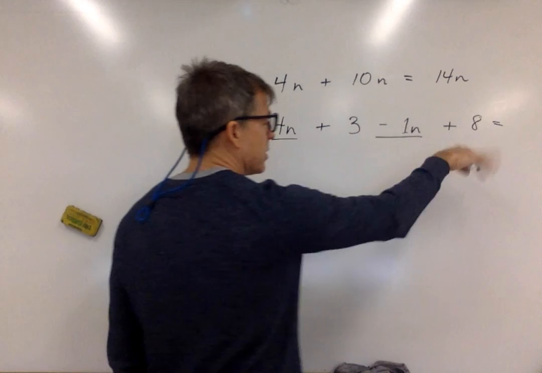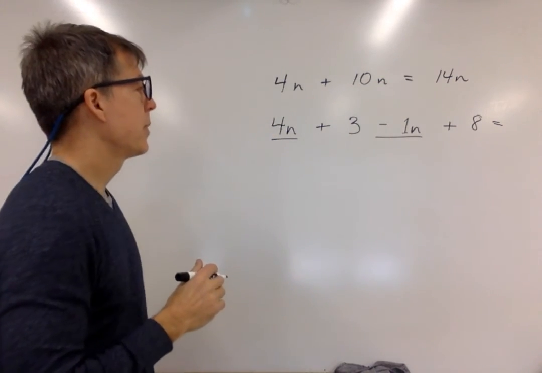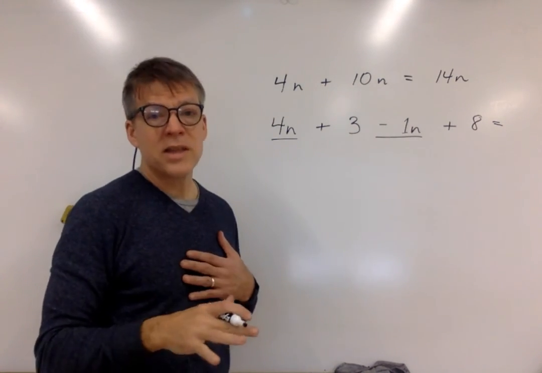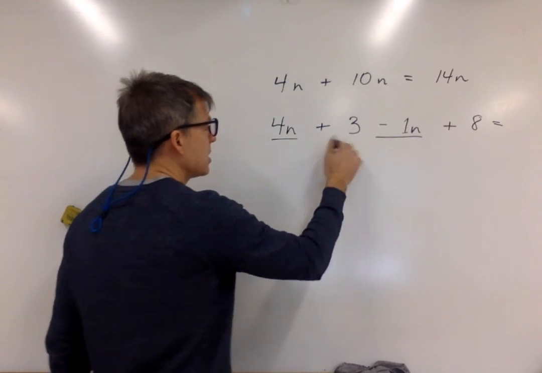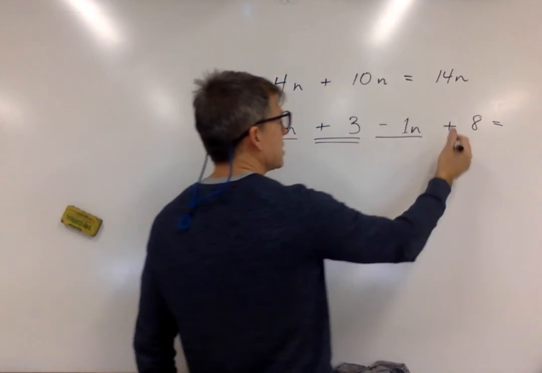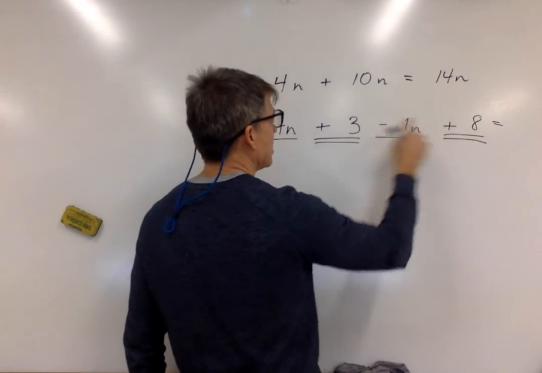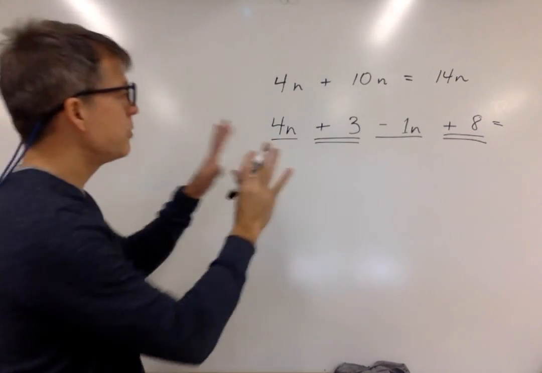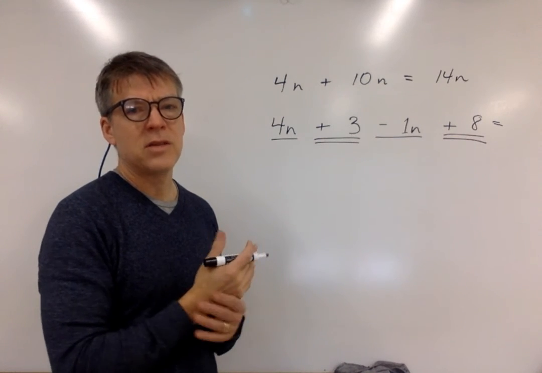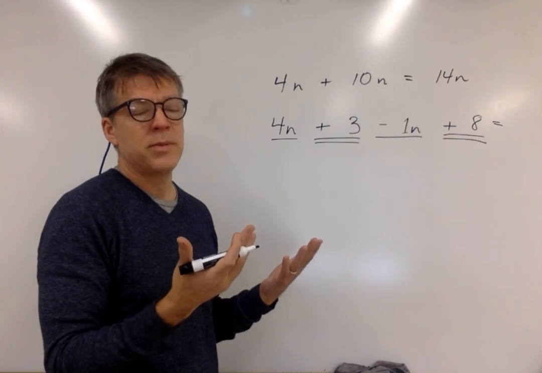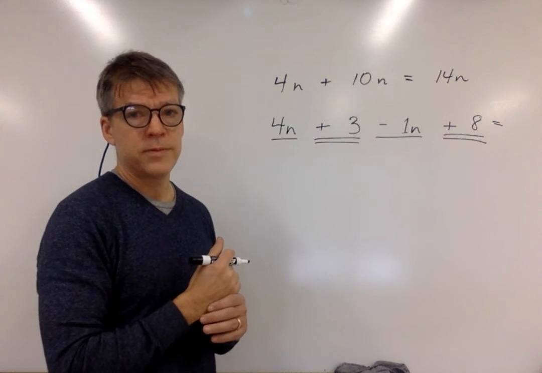This doesn't have a variable, so I'm not going to underline it. And then, in our class, all you're going to have left are constants, okay? So this guy, I'll double underline it, this guy, double underline it, and I'm underlining the sign also. This just makes the like terms pop a little bit more, so I can tell readily which ones can be combined with which other ones.